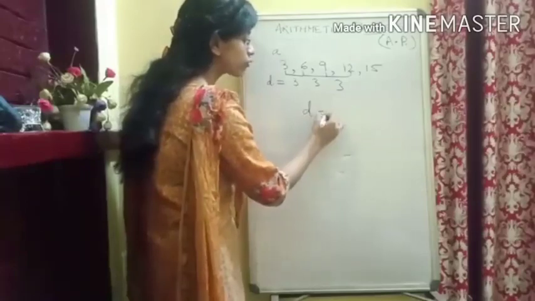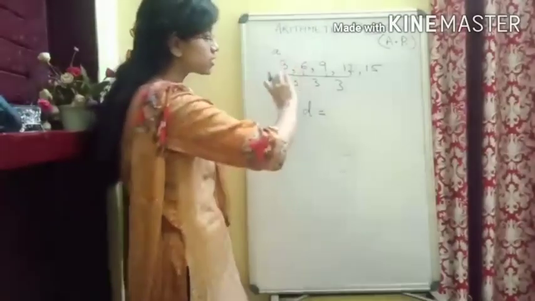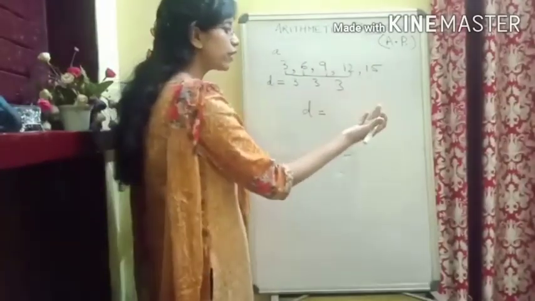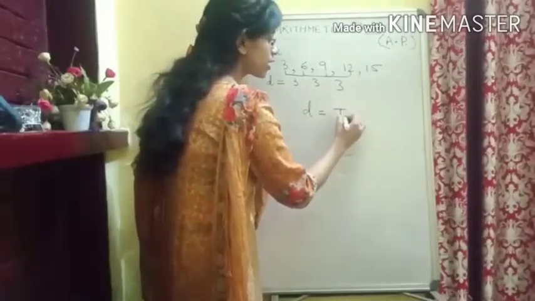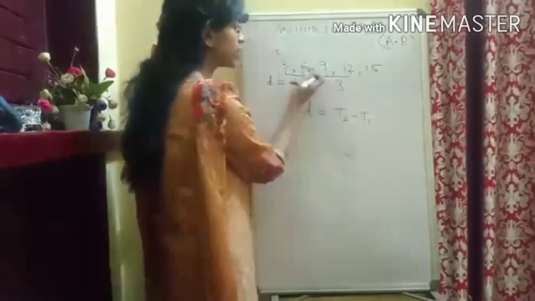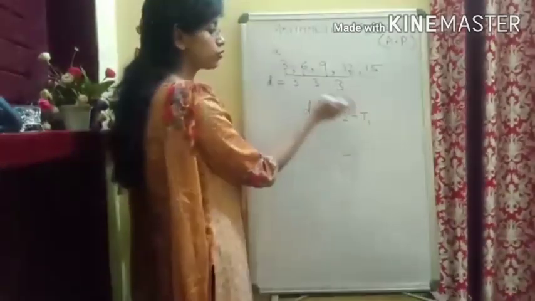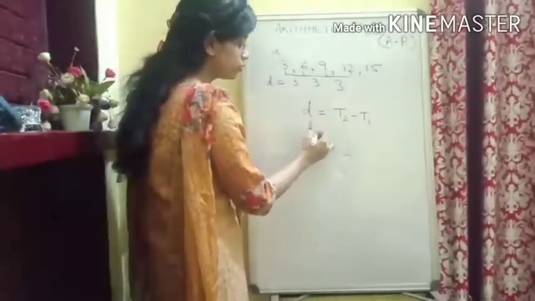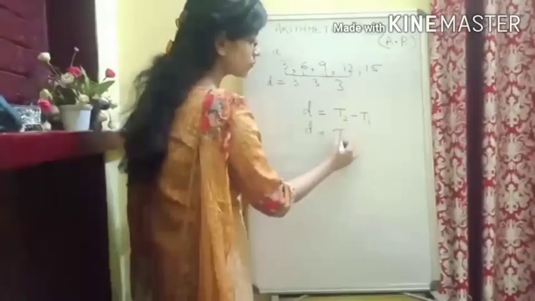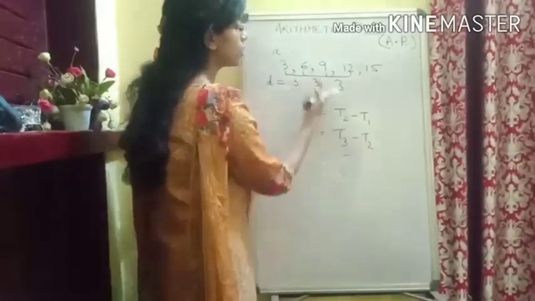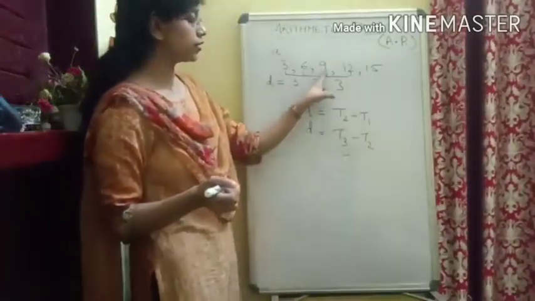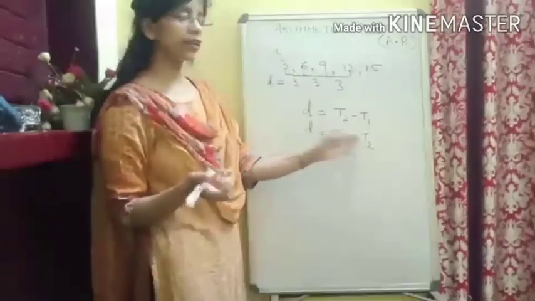Whenever we want to calculate the common difference, it is going to be the same. So we can calculate it any way. You can subtract T2 minus T1: T2 is 6, T1 is 3, so you will get the common difference. Or T3 minus T2: T3 is 9, T2 is 6, you will get the same thing.